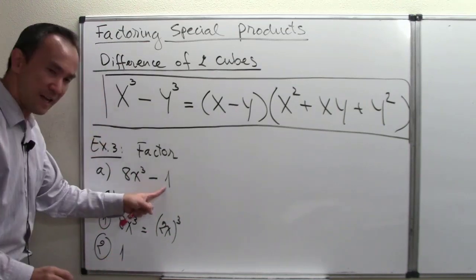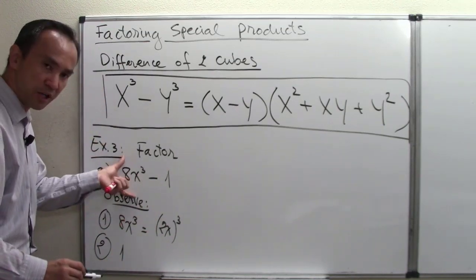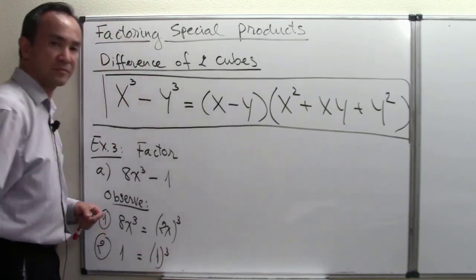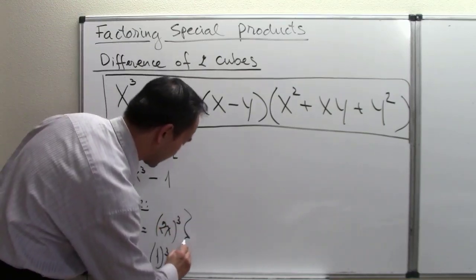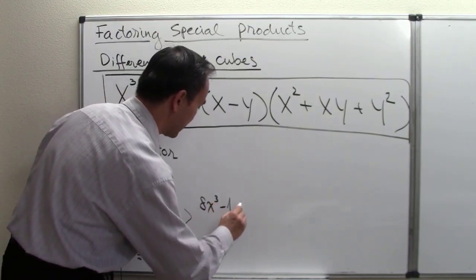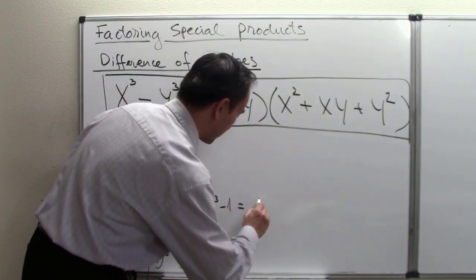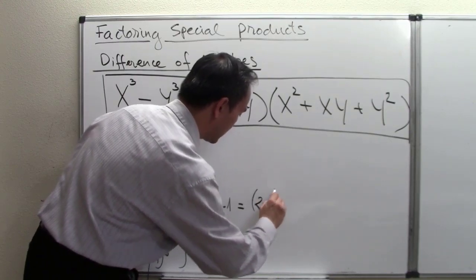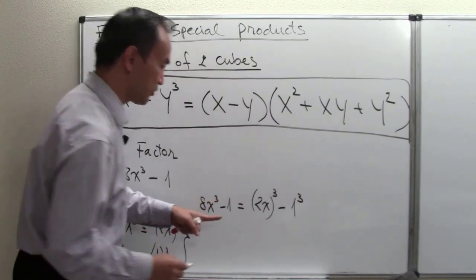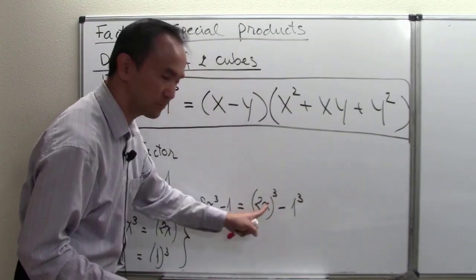After recognizing that, 1, the last term of our polynomial, can also be understood as 1 all cubed. And so now upon realizing that, we can rewrite our expression 8x cubed minus 1 as 2x all cubed minus 1 cubed. And that now shows we have a difference of two perfect cubes.